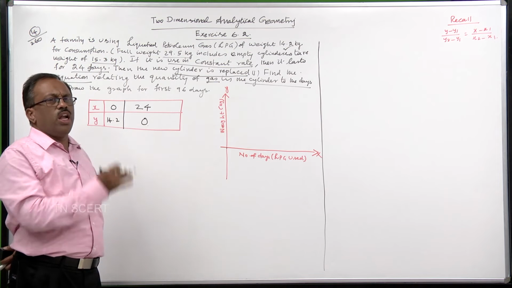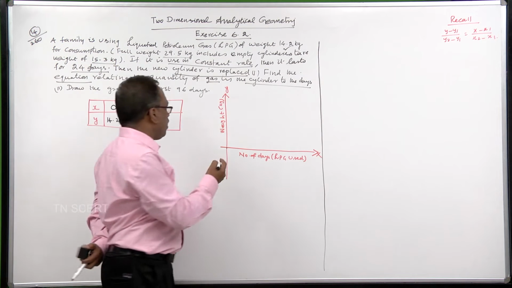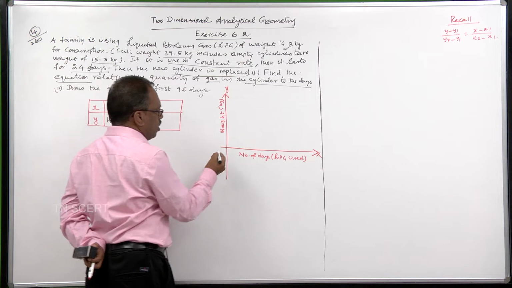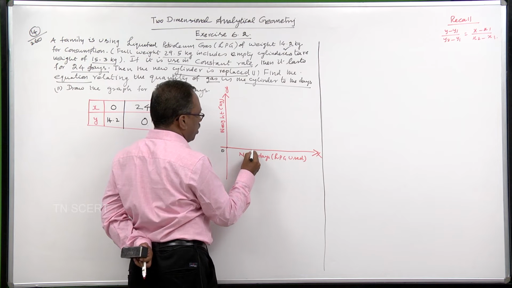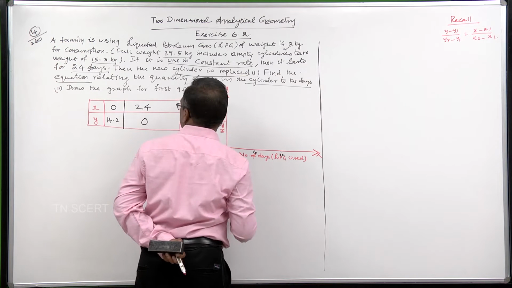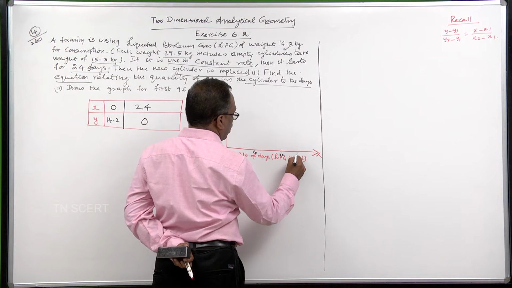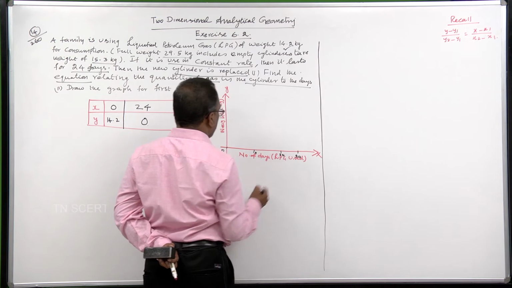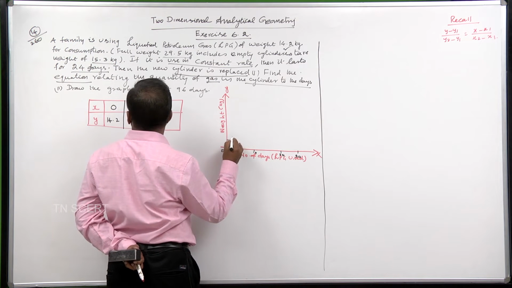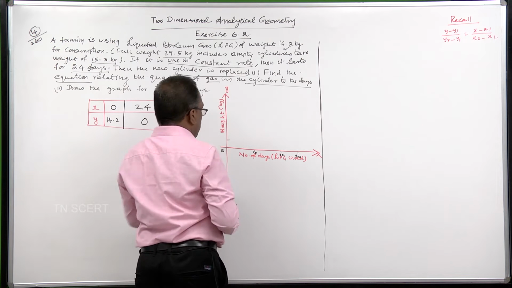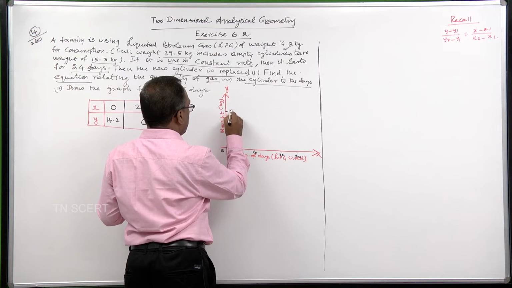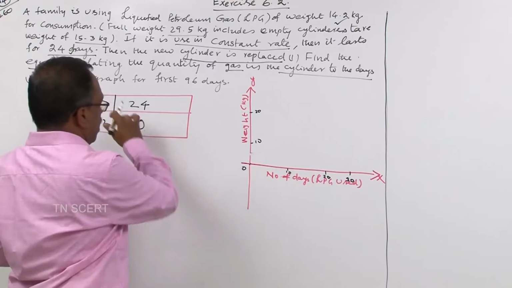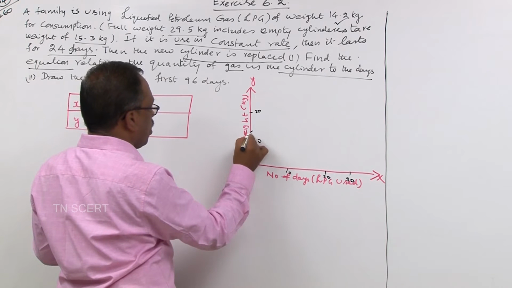From these two data, let me draw the diagram. So here 0, 14.2. Take this as 0. This is x; mark 10, 20, and 30. Here the y-axis, 10 and 20. At x equal to 0, 14.2 would be here.